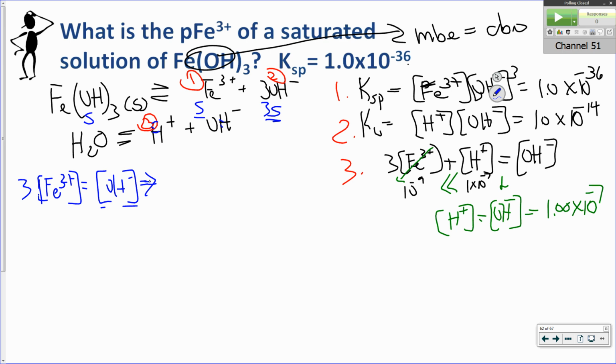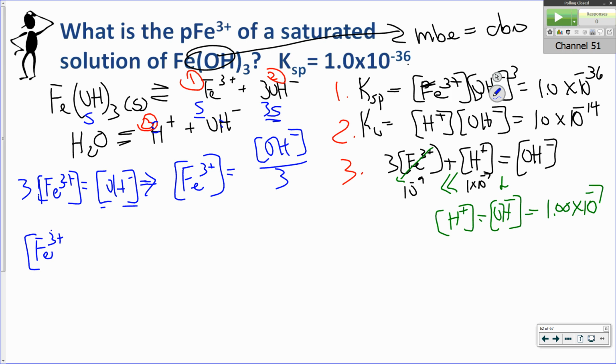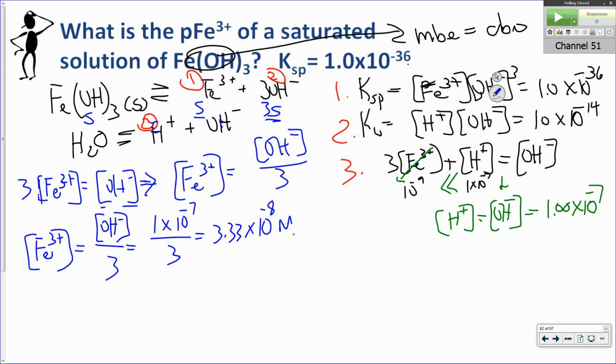So that yields that the iron concentration is equal to 1/3 of the hydroxide concentration. Okay, so we know the hydroxide is 1 times 10 to the minus 7th, divided by 3. So that's going to be 3.33 times 10 to the minus 8 molar.